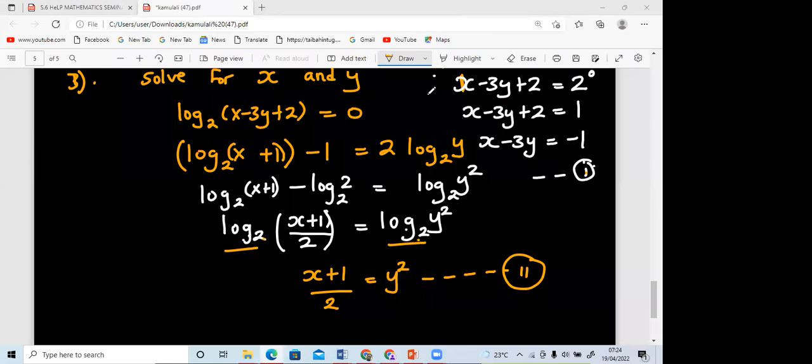Oh, I'm seeing very many answers. Which one is which? I'm seeing some are getting x equals 1, others x is equal to 17.